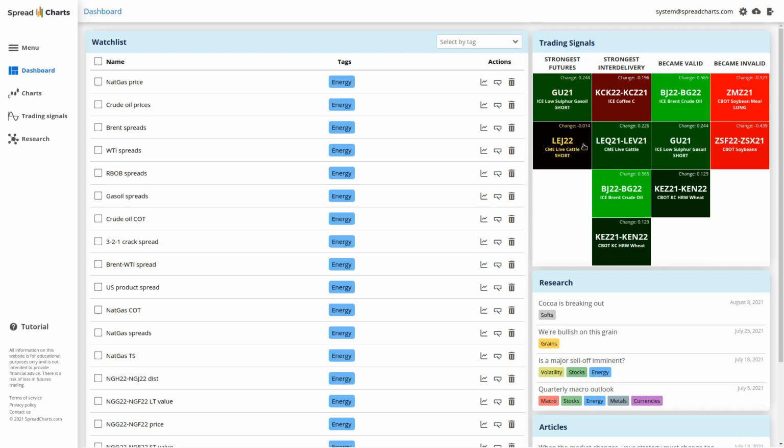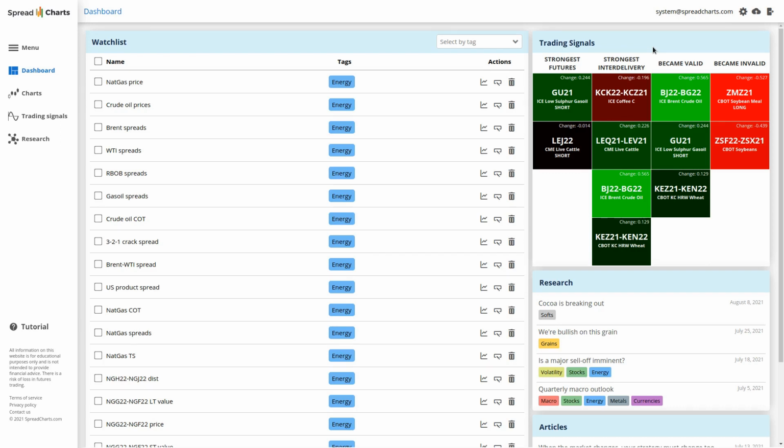The second column is basically the same, but for the interdelivery spreads. So up to 5 strongest interdelivery spreads, but currently there are just 4 valid interdelivery spread signals. The third column is very interesting and very useful because it picks the signals that recently became valid.